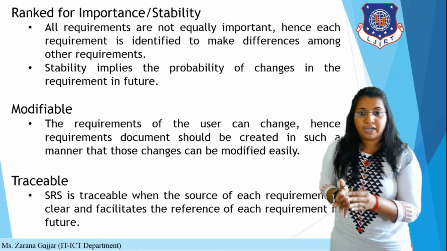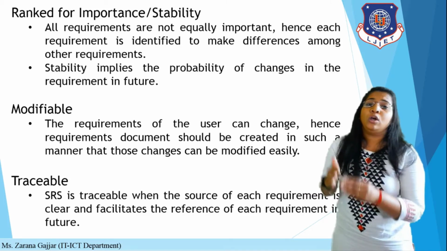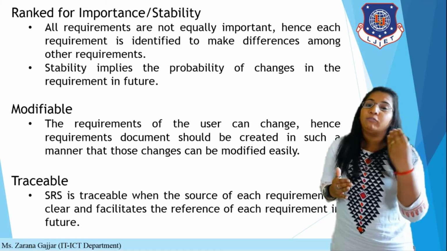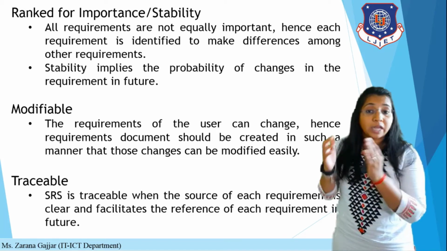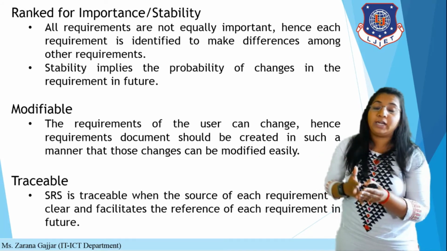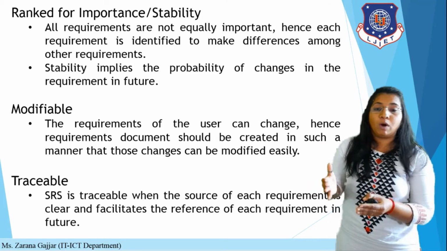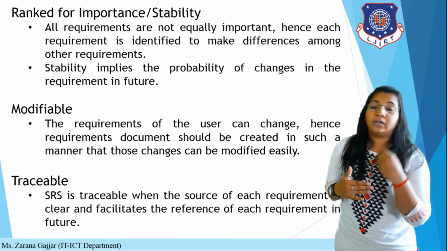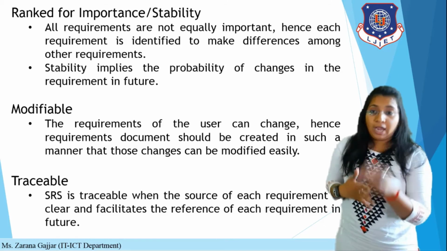Then after that a status facility. So based on the market needs, they are changing their WhatsApp application. So stability implies the probability of changes in the requirement in the future. So this is a good characteristic for developing any good SRS.